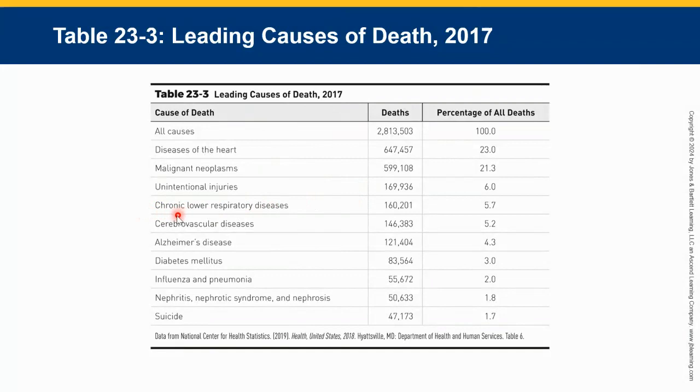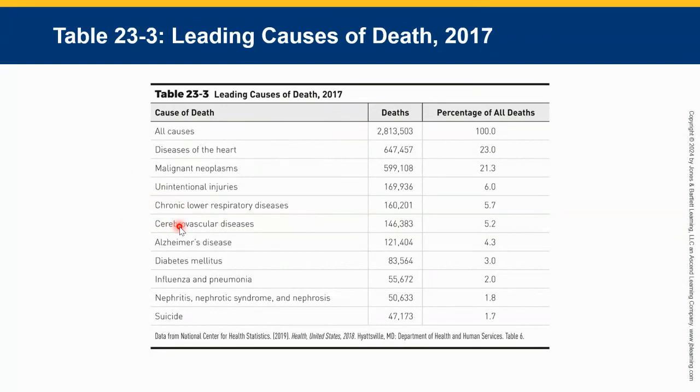The next one, which is the third most common chronic disease causing death, fourth on the list, is chronic respiratory diseases, basically COPD. The next is cerebrovascular disease or stroke, 146,000. So chronic diseases, number 1, heart disease, number 2, cancer, number 3, respiratory disease, COPD, and number 4, stroke.